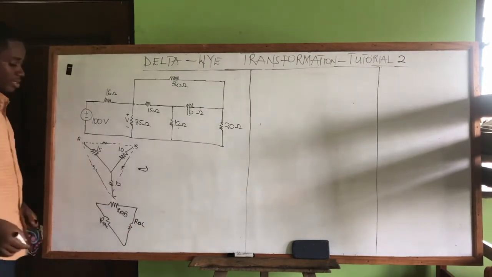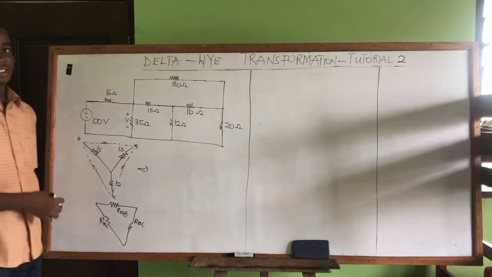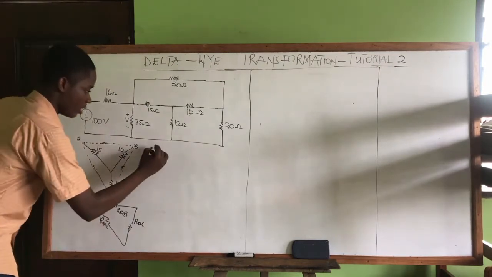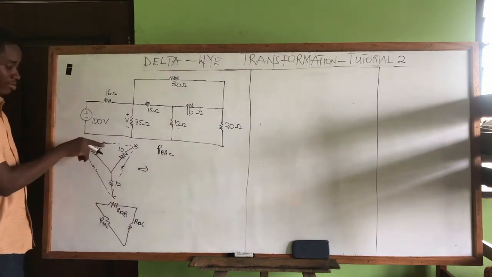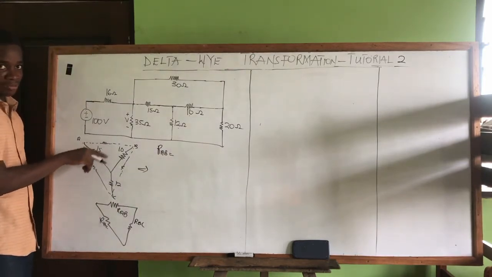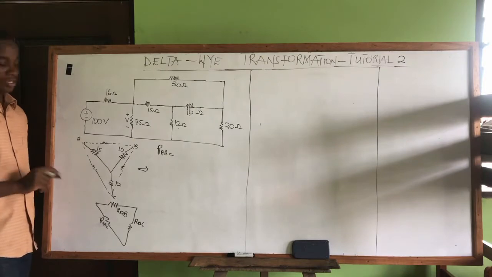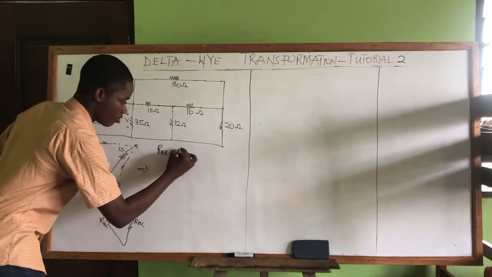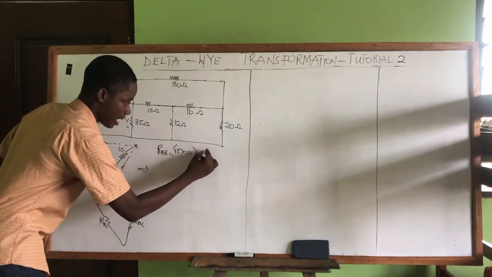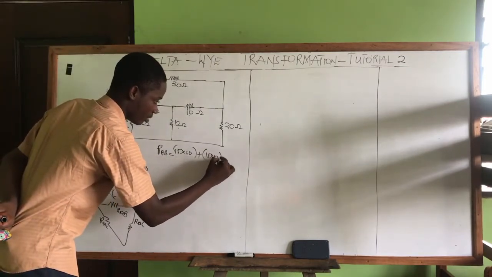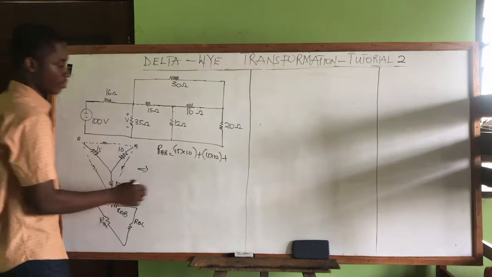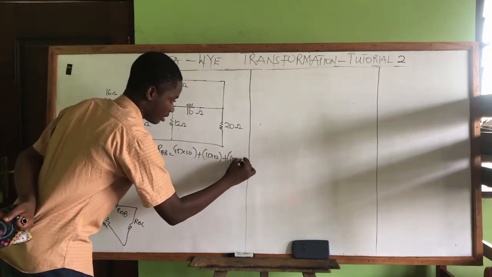Now let's see how we can get the values, and we did that in our previous video. If we want RAB, that's the delta value, we multiply the Y values in pairs. So 15 will go with 10, plus 15 will go with 12, plus 10 multiplied by 12.